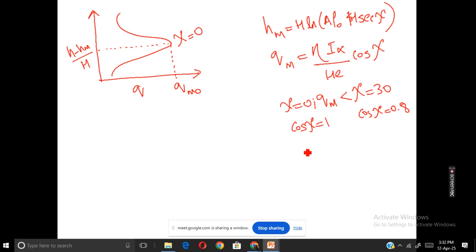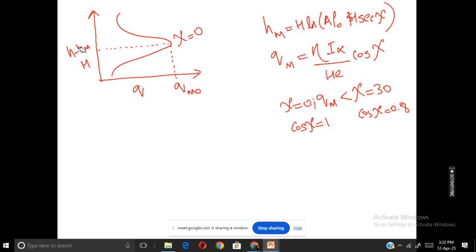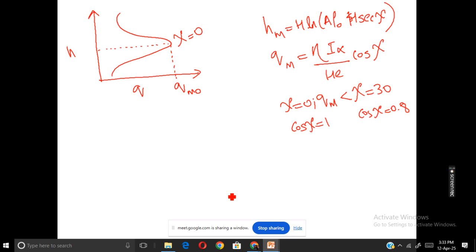Whereas in case of the height at which the peak production is occurring, Hm, it has 1 by cos chi.